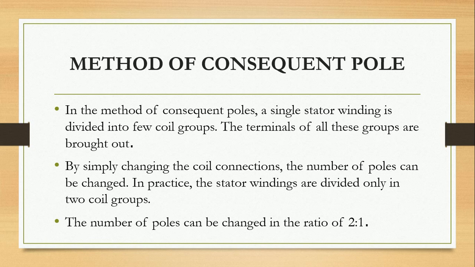In practice, the stator windings are divided only into two coil groups. The number of poles can be changed in the ratio of 2:1. As I said, in practice, the stator windings are divided only into two coil groups, which can be seen in the next diagram.